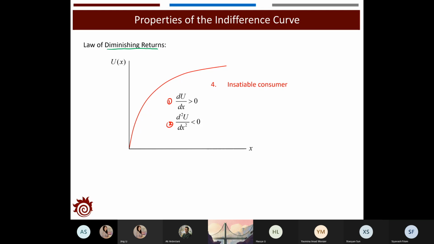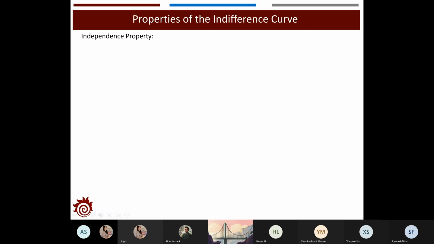But if you already have 100 products in your stock and you get another one, from 100 to 101, then the utility gain will be very small, probably only increasing from 200 to 201, something like that. So these two conditions are the most important features of insatiable consumers. Their utility should satisfy the first order derivative positive, second order derivative negative. So that's the first rule we're going to get.